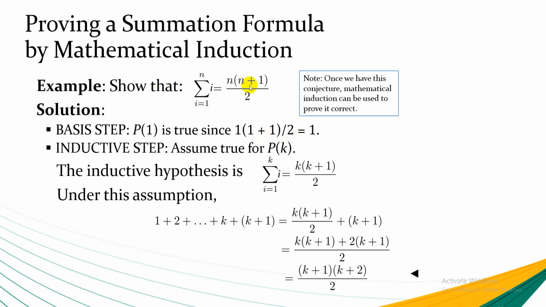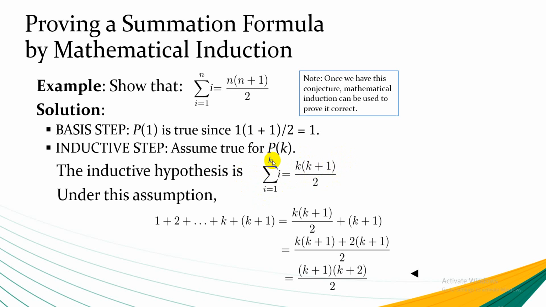Now you assume that this is true for n, and we have to prove that this should be true for n plus 1, so for k plus 1. So the hypothesis is this one. We assume that this is true. Now we have to prove that for k plus 1 this will be true.